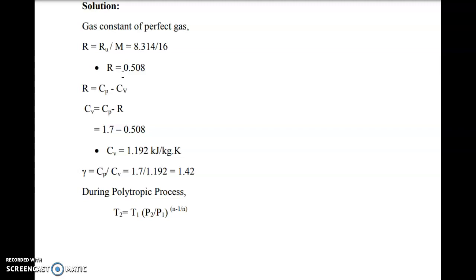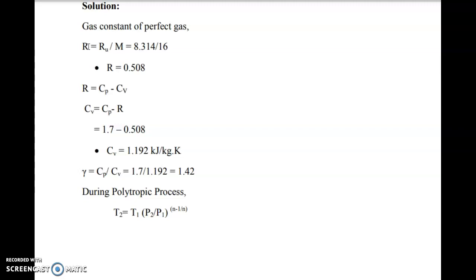In our question there is another piece of data given: the molecular weight of the gas is 16. By using that we can find the gas constant. They did not mention the type of gas, but we want the gas constant for finding the work transfer.